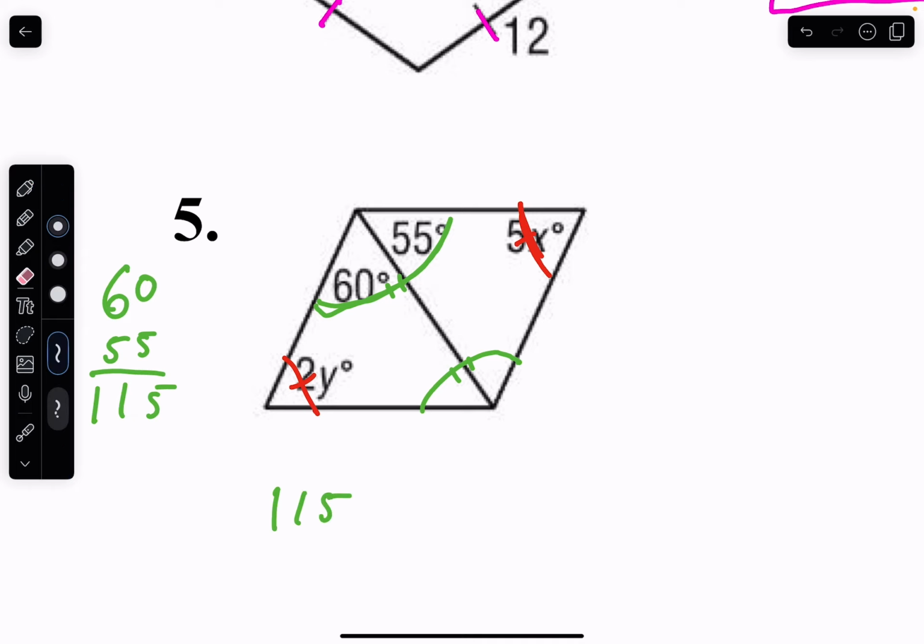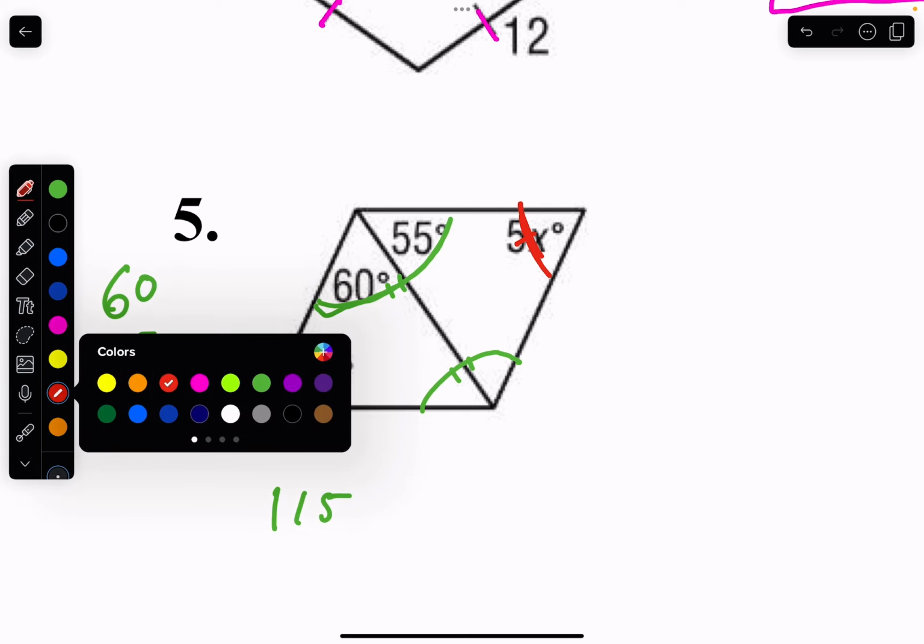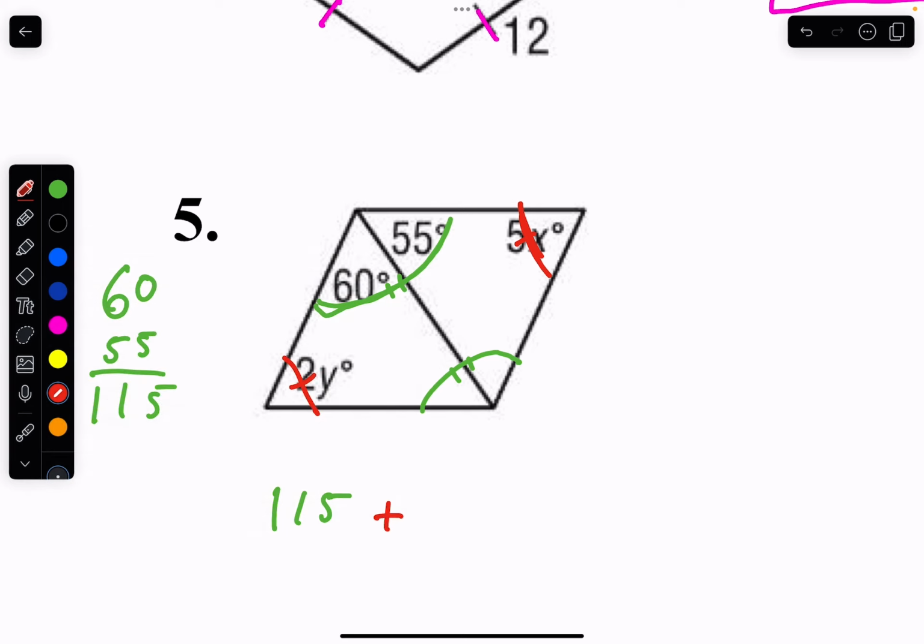Now added to red, I don't care if you go x or you go y, it doesn't really matter, but added to red is going to be 180. So let's make this easy. Let's say x. Let's say that we're going to do 5x, and those two added together needs to equal 180 degrees.